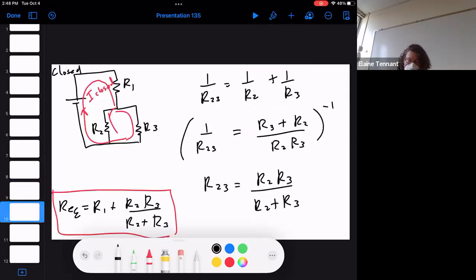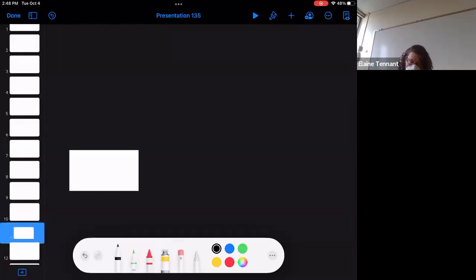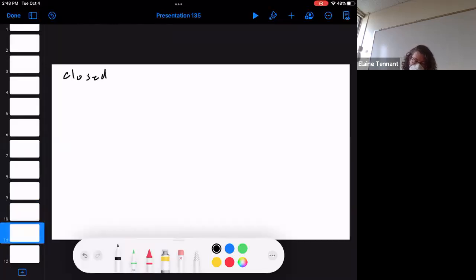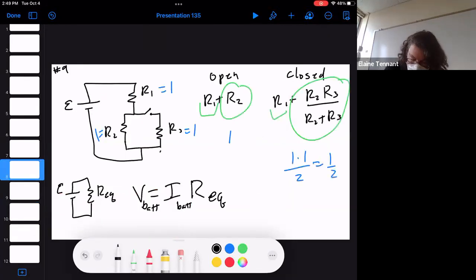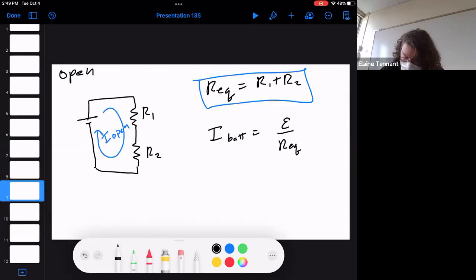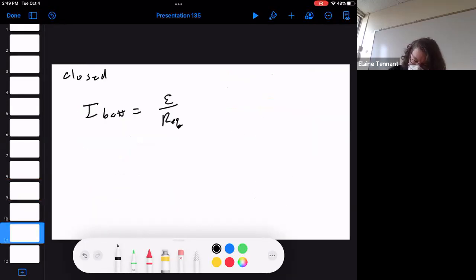And for this one, still doing closed, it will be curly E over R equivalent, where R equivalent is much, much more complicated, right? So I have these two currents. One's pretty straightforward, one's a little less straightforward. And that's what the current through the battery is going to be.